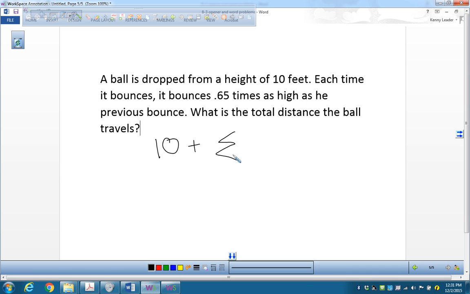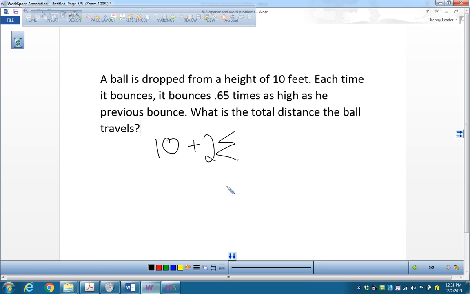After it falls 10 feet, how high is it going to bounce? It's going to bounce 6.5 feet, and then it's going to fall 6.5 feet again. Then it's going to bounce 0.65 times 6.5 feet, and then it's going to fall that same distance. So it doesn't do 10 twice, but it does everything else twice.